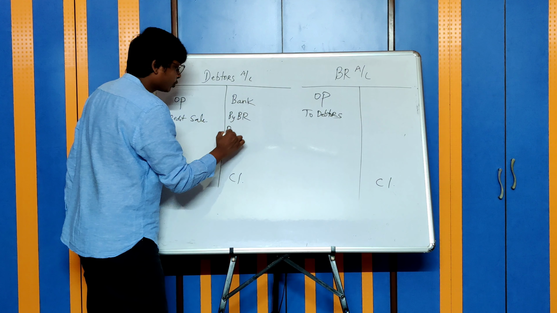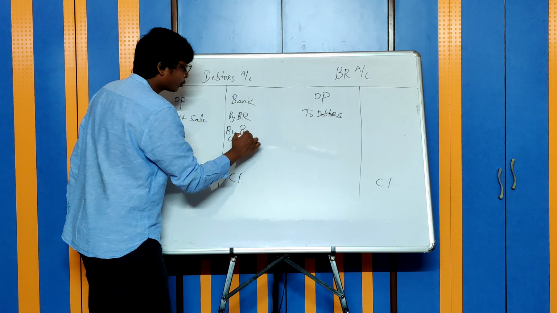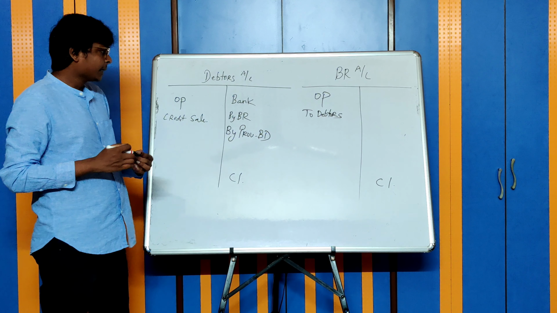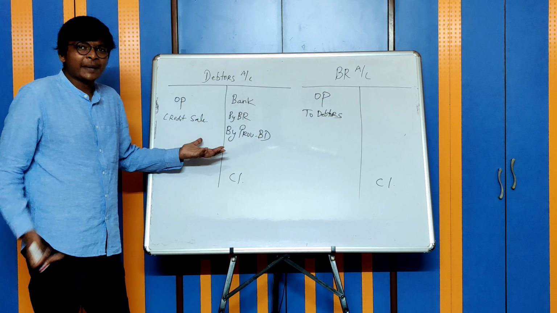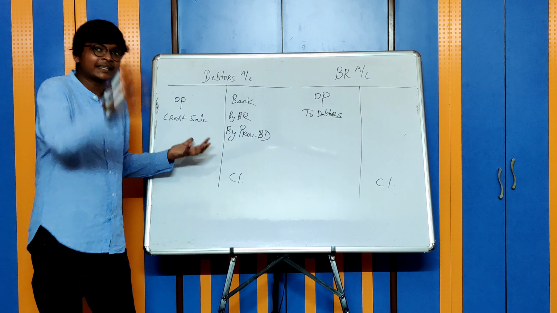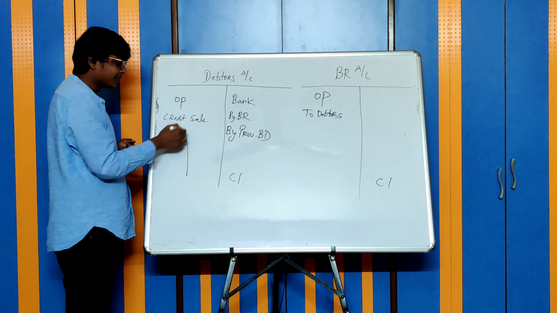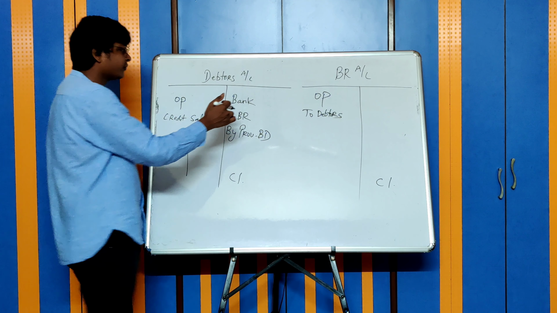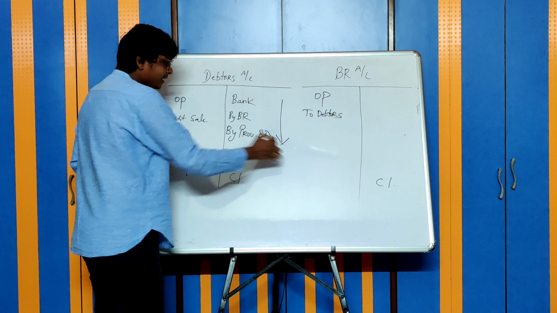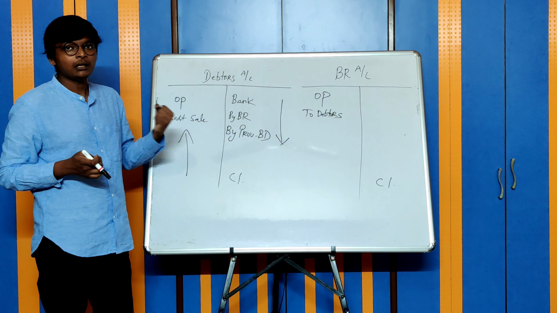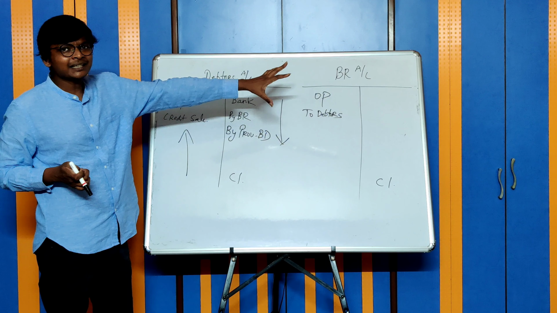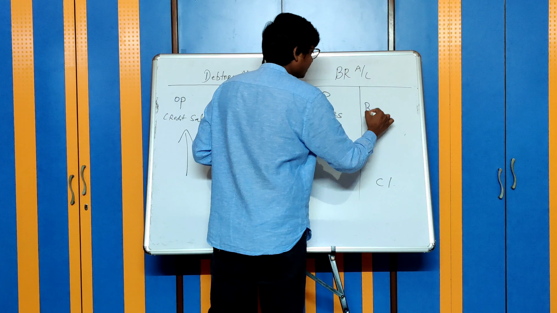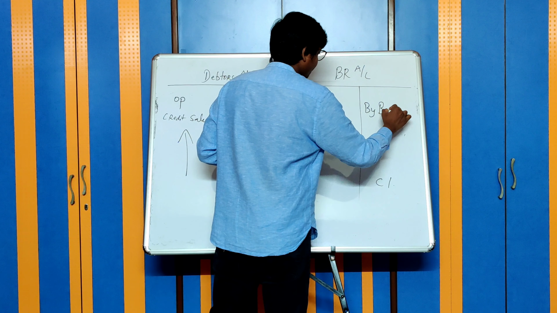The provision entry will be by provision for bad and doubtful debts. Remember, whenever the amount the debtor has to pay increases, my debit side will increase. If the amount of payable dues from my debtor is going to fall for any reason, then I will credit my debtor account. For a bills receivable account, whenever my party makes a payment, I will credit by bank.